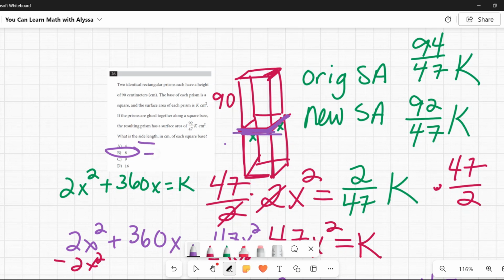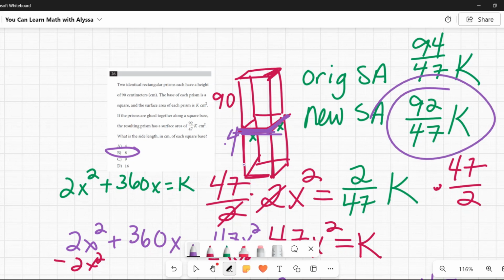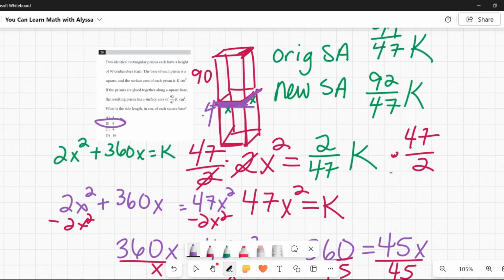They give the choices of 4, 8, 9, and 16. If the length of this square was 4, what would the total original surface area be? What would the new surface area be? Would it be equal to this proportion? That's the other way you can do it. I don't know that either of those is much faster than the other. It's a tricky little, it's an odd problem. It just is.